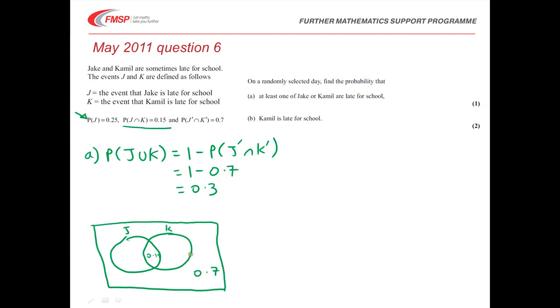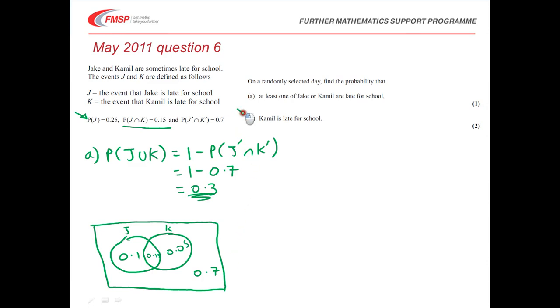Now you can see that this is true. Okay, so some of you might be more familiar using Venn diagrams to see what's going on. Jake is 0.25, but don't forget that involves the intersection, so that's going to be 0.1. And that therefore is going to be 0.05 because all of those probabilities do have to add up to 1.